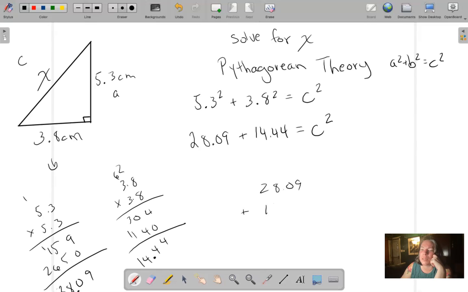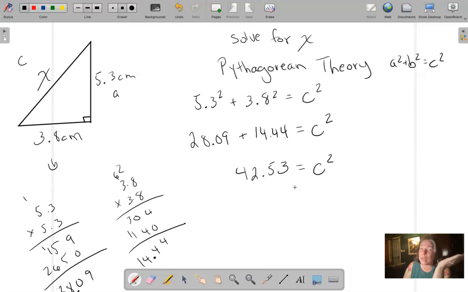28.09 plus 14.44 is 42.53. Let me rewrite that. 42.53 equals c squared.